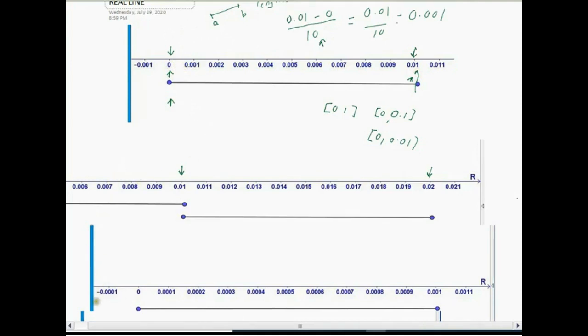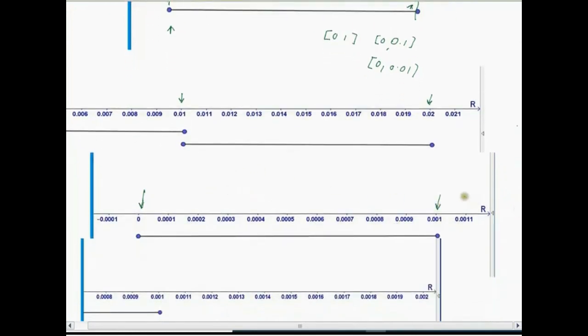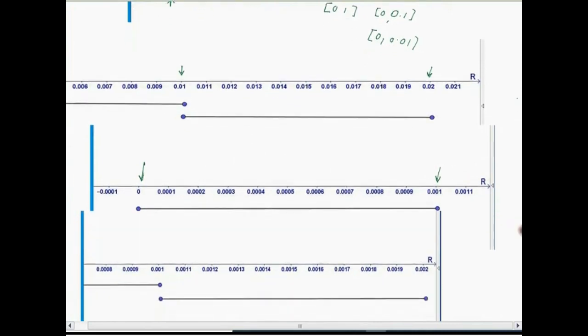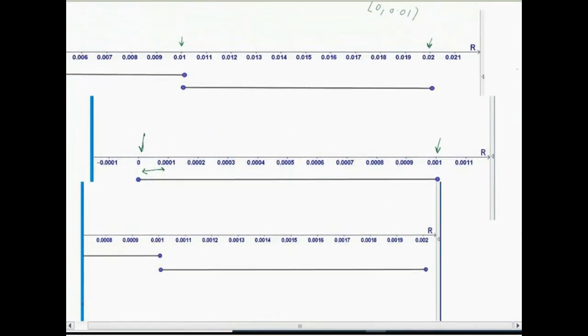So now this next figure, 0 to 0.001, can also be divided into 10 equal parts and so on. So any interval if you take, then select this interval, again divide it into 10 equal parts. So you can divide it and continue this process. So how many points are there?